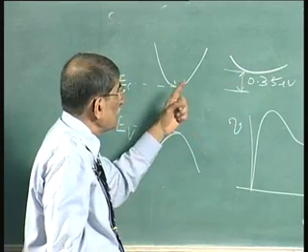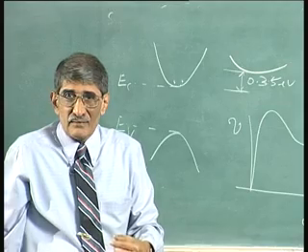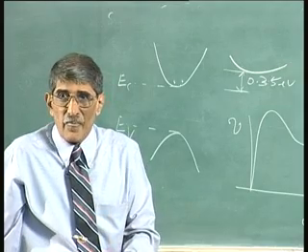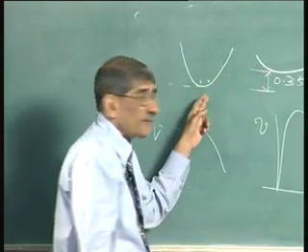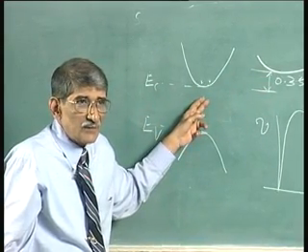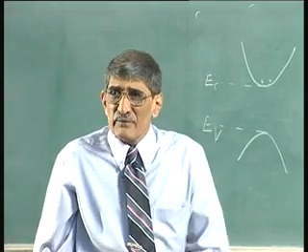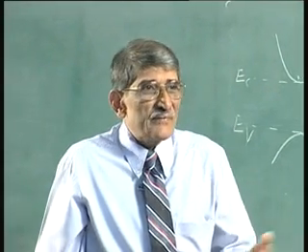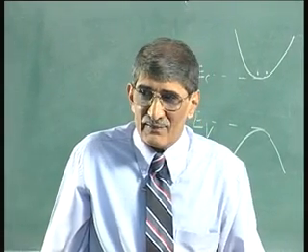Now, you can acquire high field if the channel length is very small and the voltage is less than 0.35 electron volts. Suppose the voltage is 0.3 volts, what is the energy of the electron? Q into V is energy. If voltage is 0.3 volts, energy is 0.3 electron volts.